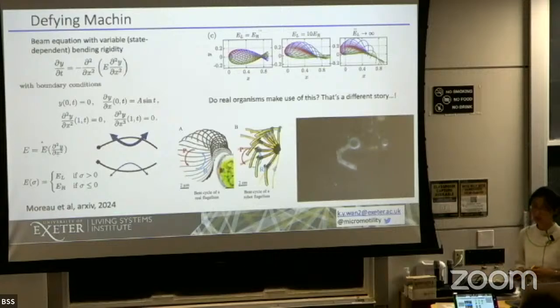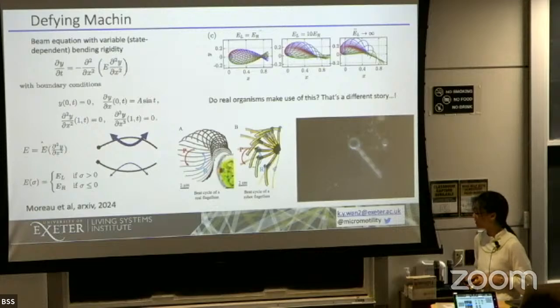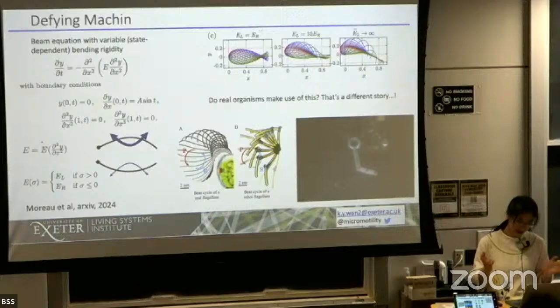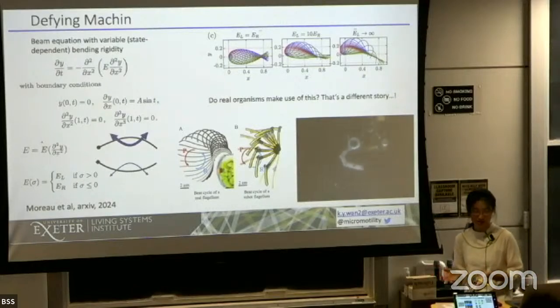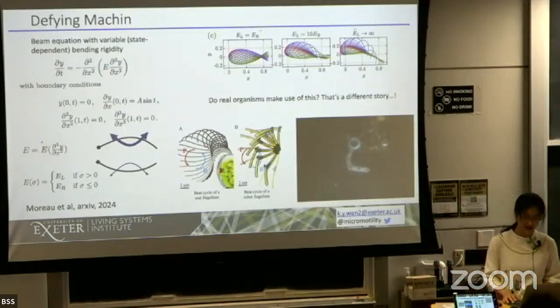And so with this very simple modification, this filament then starts to execute time irreversible waves. So the question is then, does this thing swim if you put it in a viscous fluid?